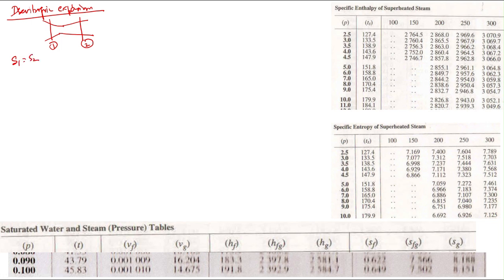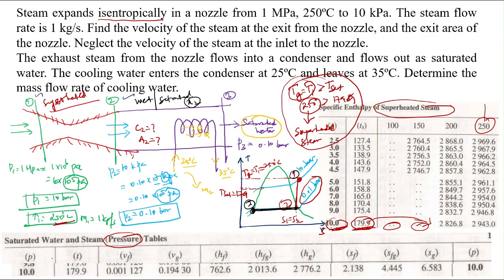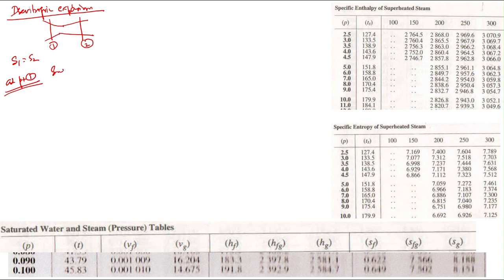First you find S1. At point 1, the steam is superheated, so you have to find the values from the superheated table.